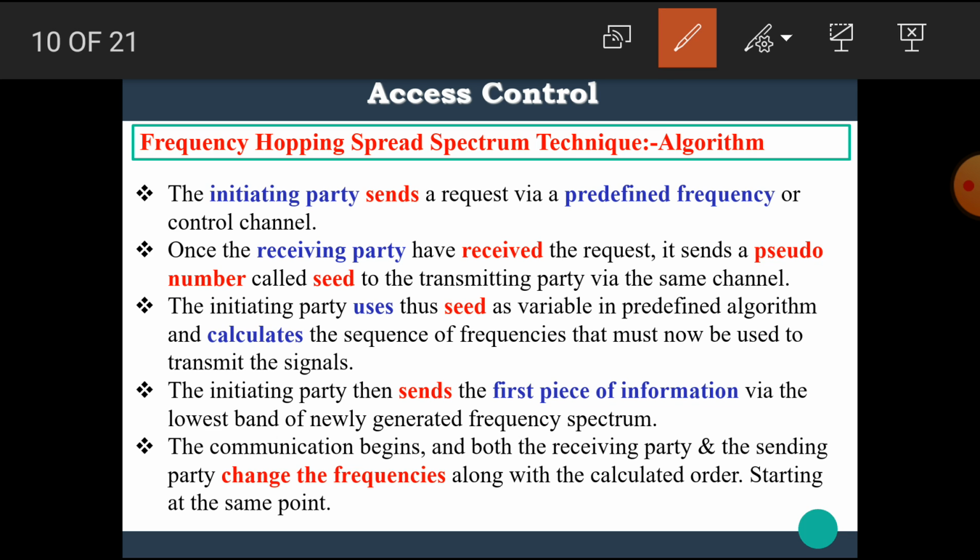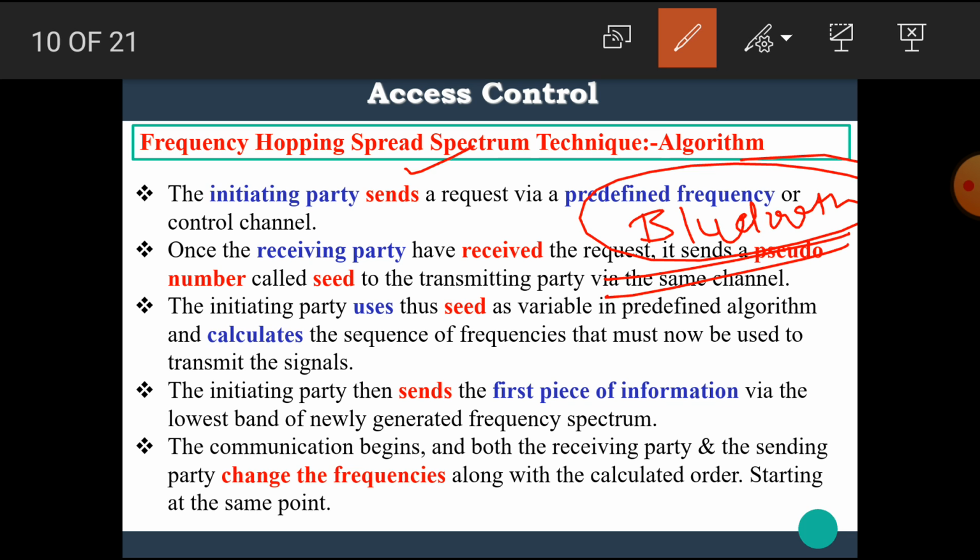In short, we can see the application of this frequency hopping spread spectrum. The application of this system is our Bluetooth system. We are all familiar with the Bluetooth system. What happens in a Bluetooth system?